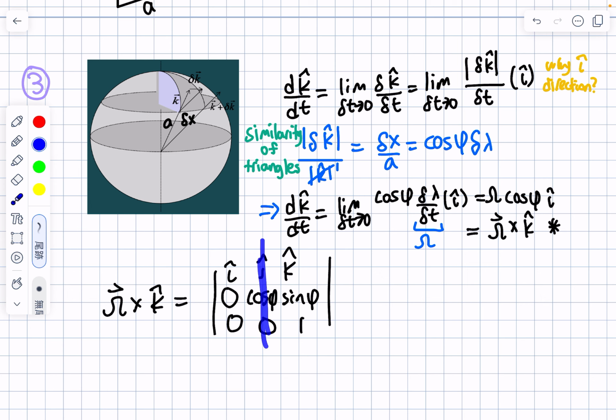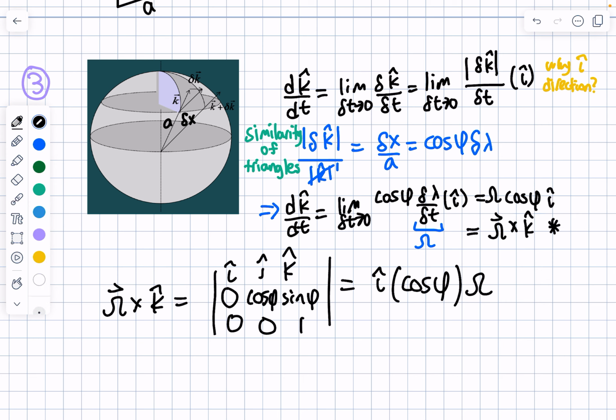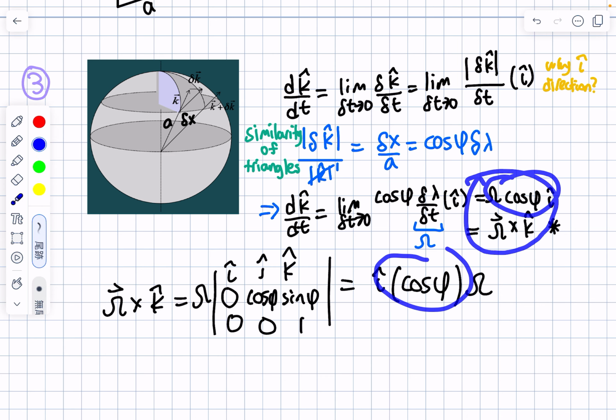But if we look at j, it's 0, 0, 0 in this multiplication, 0 in this multiplication, so that's 0. Same here, 0, 0, 0. So using the i, it's just i times the determinant of this part, which is equal to i times cosine phi. Well, what do you know? That's exactly what we have written here. And again, I forgot that there is an omega here. So again, that's exactly equal to this. So therefore, we proved that these two are equal.